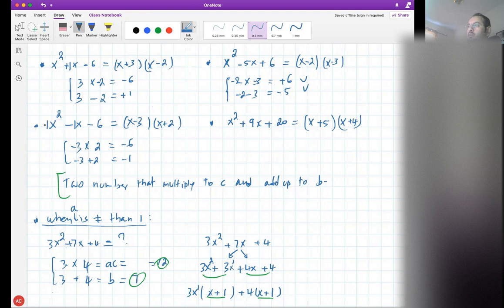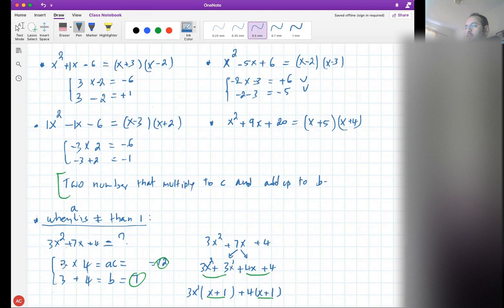If you have a different number, for example, 3, what you have to do first is find two numbers that multiply to AC, meaning this times this. This times this is 12. So you need two numbers that multiply to 12. And same numbers add up to B, 7.